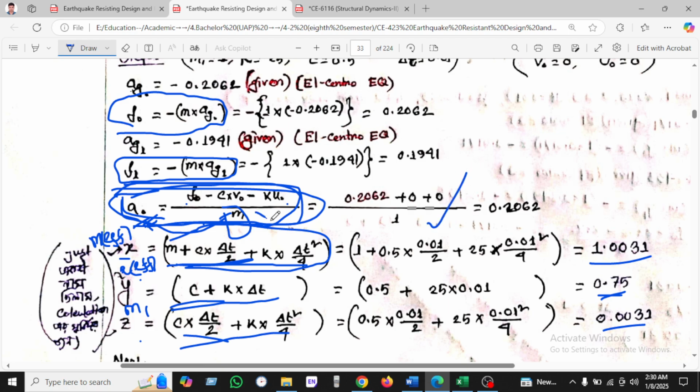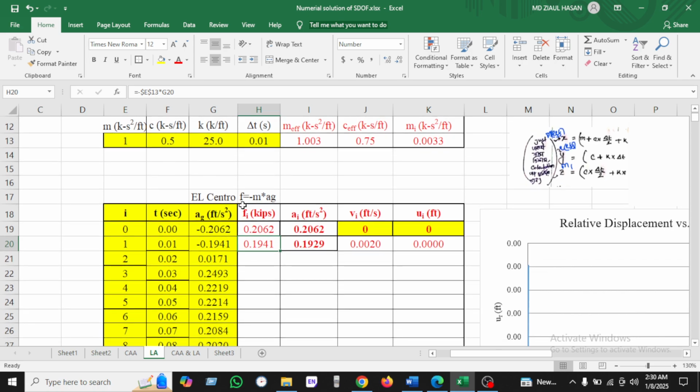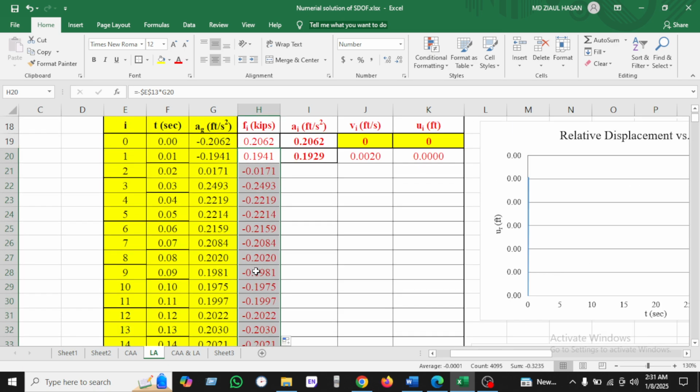In this way we are calculating A1, with initial velocity 0 and displacement also 0. Now we are calculating M2 again. We know F equals MA, minus MA, so M into A. Using this cell and this cell, we calculate here, and clicking, all the data comes out this way.